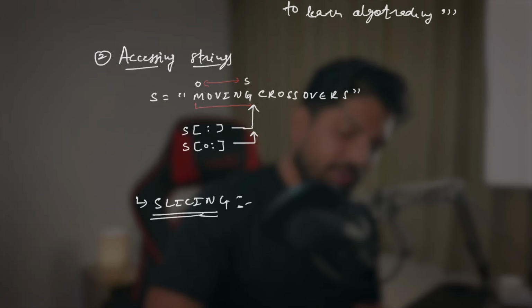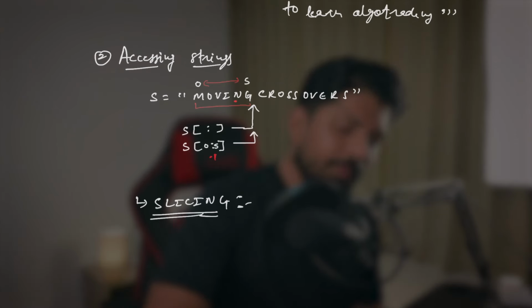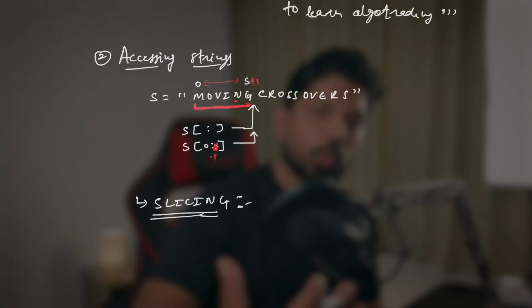If I write 5 here, then it will give me output up to this n only, correct? Because the end position is always exclusive, so you have to write +1. We know that this is at the 5th position, so we will write 0 to 6. When we write 0 to 6, we will get this whole moving part, right? We will cover some examples and you will get more idea.